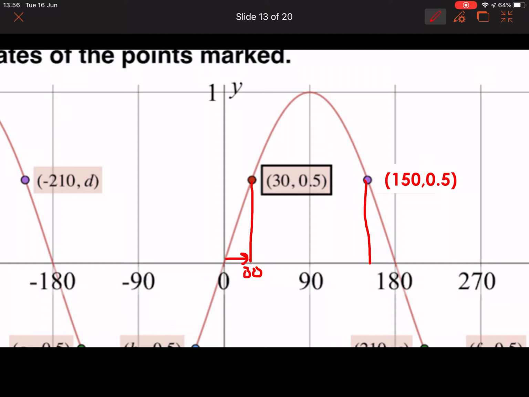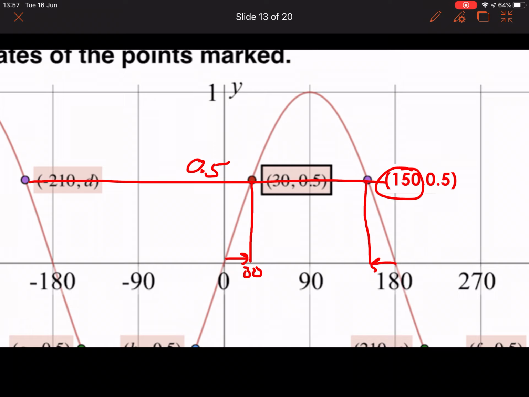So this one must be 30 out from the intercept, which in this case is 180. So take off 30 from 180 and you get 150. So it's all about being symmetrical. They're all on this same line here in the middle. Okay, that goes through 0.5. And we know that because we know sine 30 is half, 0.5. But it's just showing that symmetry there.